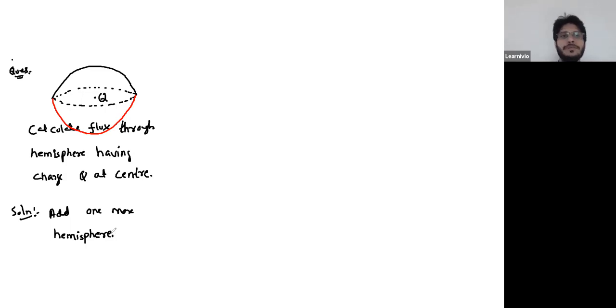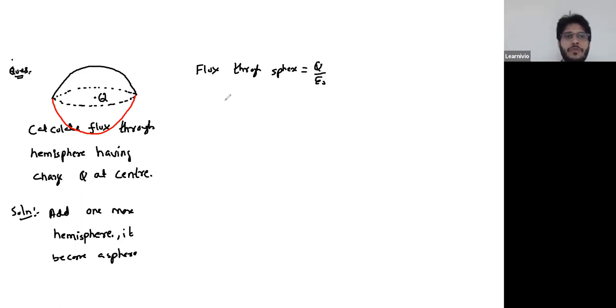When you add one more hemisphere, it becomes a sphere, and a sphere is a closed surface. So the flux through the sphere is Q by epsilon naught. So Fatma, if the flux through the sphere is Q by epsilon naught, what about the flux through the hemisphere? Q by epsilon naught by 2.